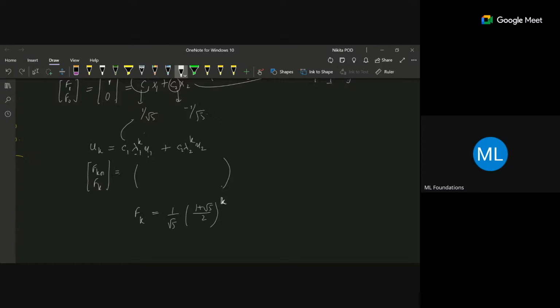The other term is of the form (1 minus root 5 by 2) to the power k. Whenever this k is very large, this value keeps on decreasing, so we can ignore it for larger values and just stick to this one. So this is my kth Fibonacci number.